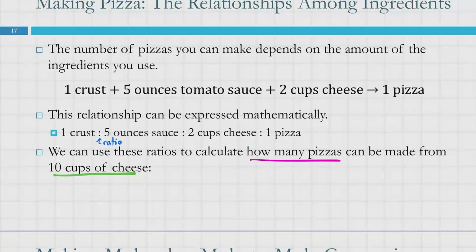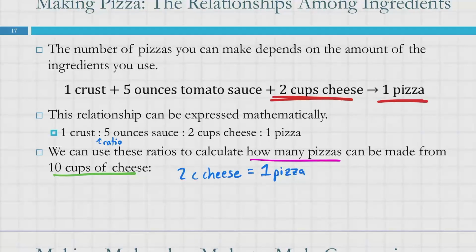We're starting with cheese, we're going to pizza. We're going to pull those 2 ideas out and set them equal to each other. In theory, 2 cups of cheese equals 1 pizza.